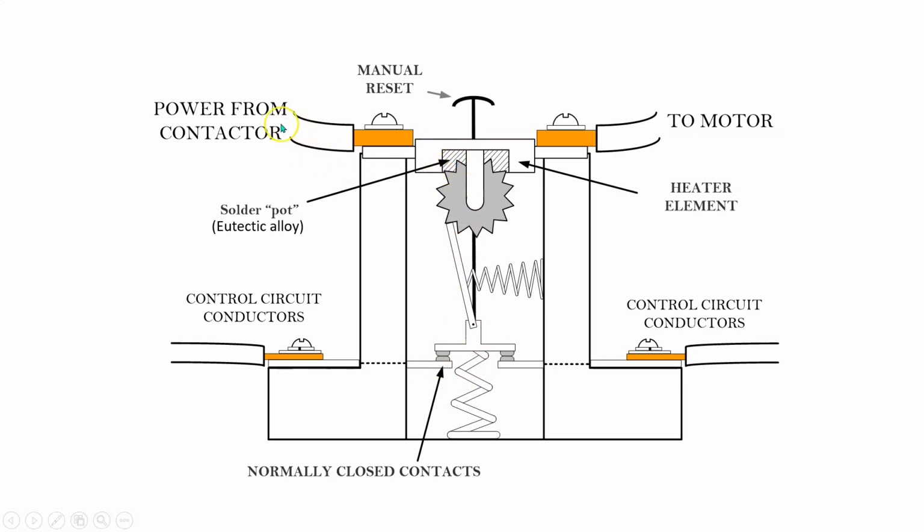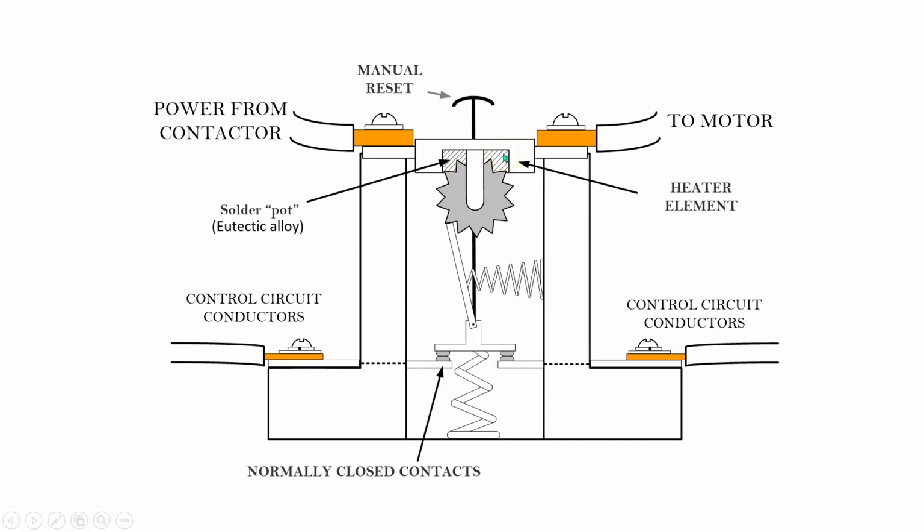What happens is my current comes down here and travels to my motor. The motor's working, but something happens and the motor's working way too hard. That means this heater starts to heat up just based on the current traveling through it. At some point, this solder pot is going to go from a solid to a liquid.